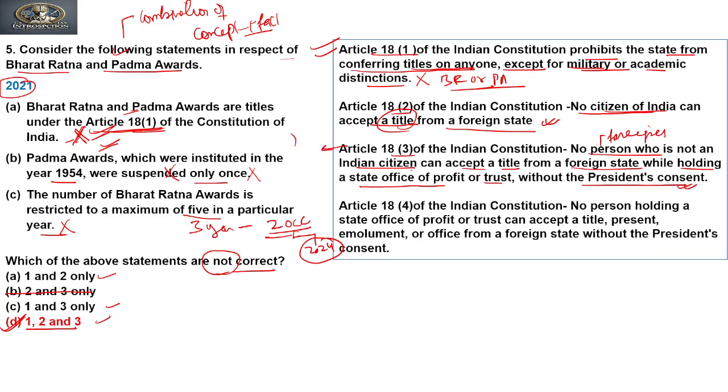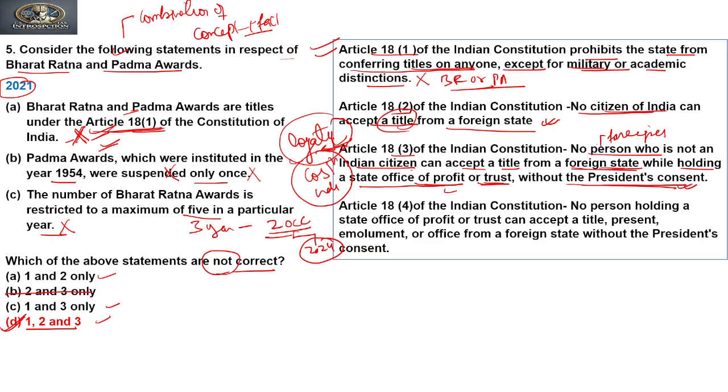Through this, the article wants loyalty towards the Constitution of India and towards India to be established, so that a person employed under or holding any office of profit or trust under the government of India or a state government should be loyal towards the government of India. So without the permission of the President they cannot accept any kind of foreign title.